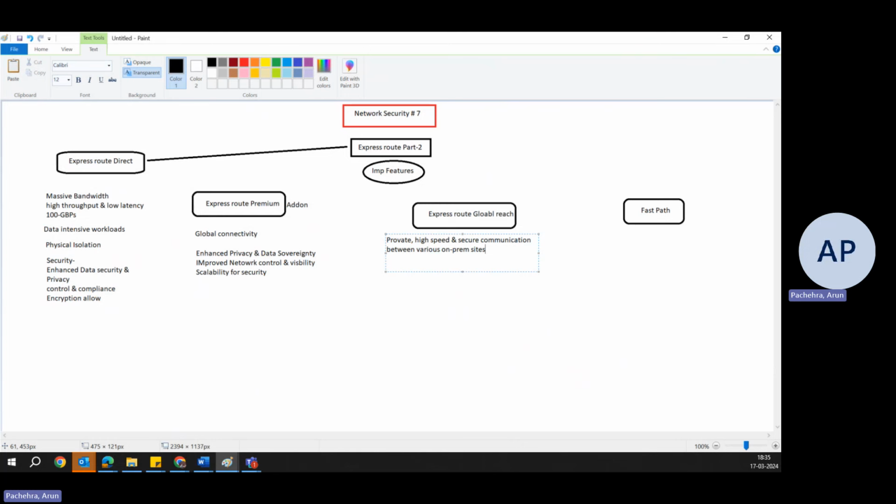And of course, network optimization. By connecting distinct networks through a high speed private backbone, organizations can optimize their network traffic, reduce latency, and improve overall efficiency and performance of inter-site communication. So these three reasons could be a wonderful motivation to opt for Global Reach, because you have to spend some money there, right?